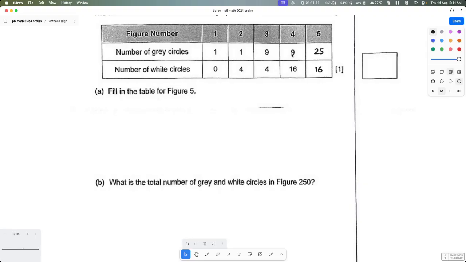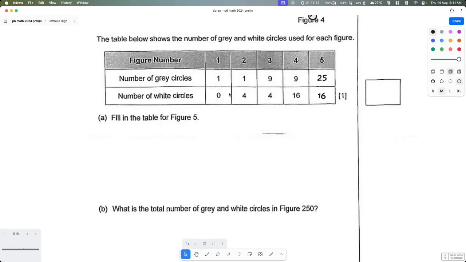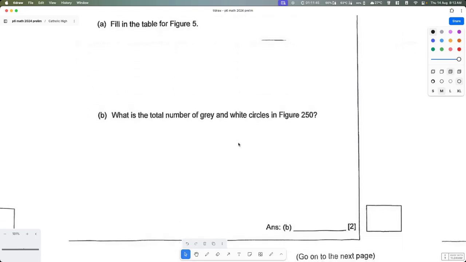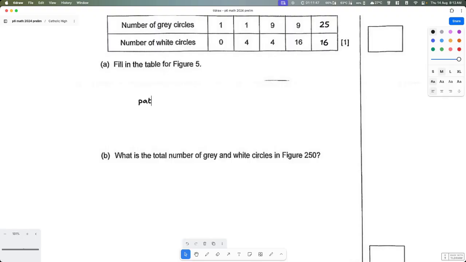In this case, if you see the pattern, the numbers are just 1, 4, 9, 16, and then 25.